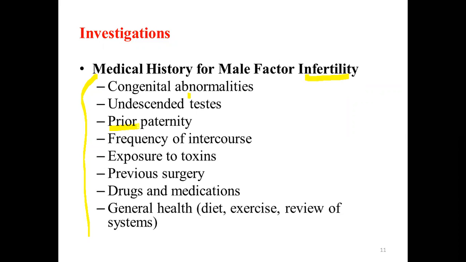Then apart from that, we need to ask how frequent the intercourse is and what the timing of the intercourse is. Timing in the sense of whether it is toward the time of ovulation, which usually occurs mostly around day 14 of the menstrual cycle.